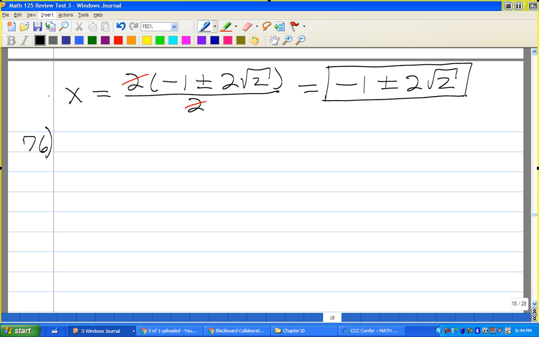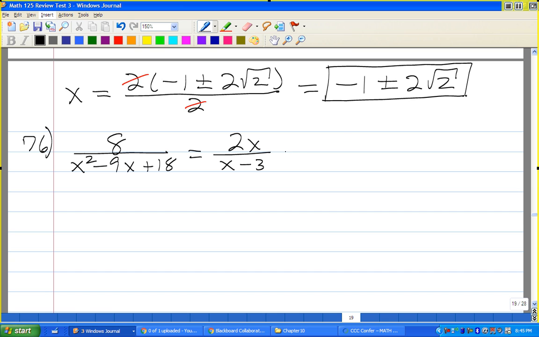And so I have here 8 over x squared minus 9x plus 18 equals 2x over x minus 3 minus x over x minus 6.